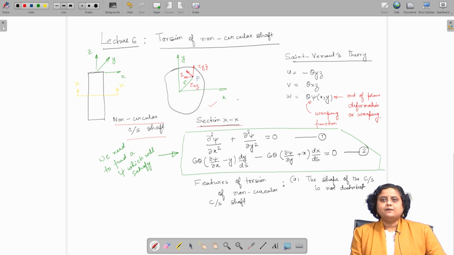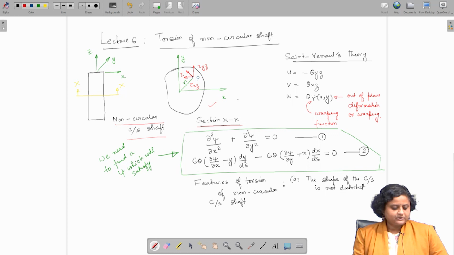The shape of the cross section of the shaft is not distorted. Similar to a circular cross section shaft, here also the in plane shape of the cross section is not distorted.